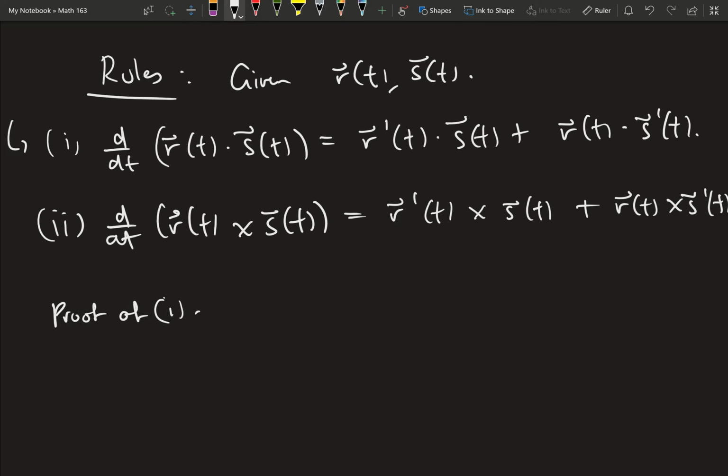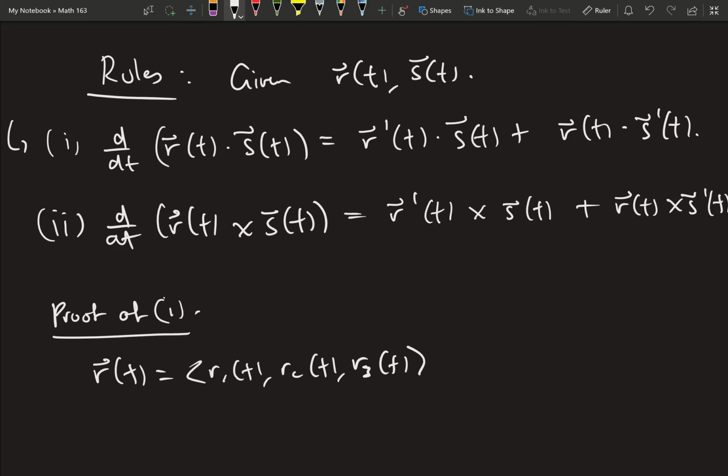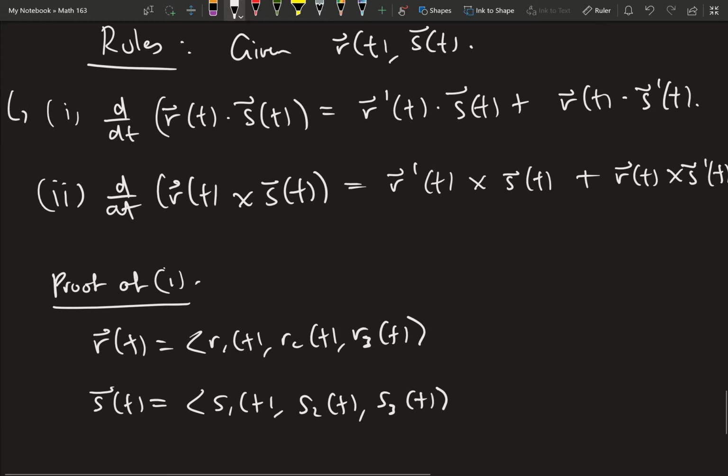of 1. So let's say r of t is r1 of t, r2 of t, r3 of t, and s of t is s1 of t, s2 of t, s3 of t.